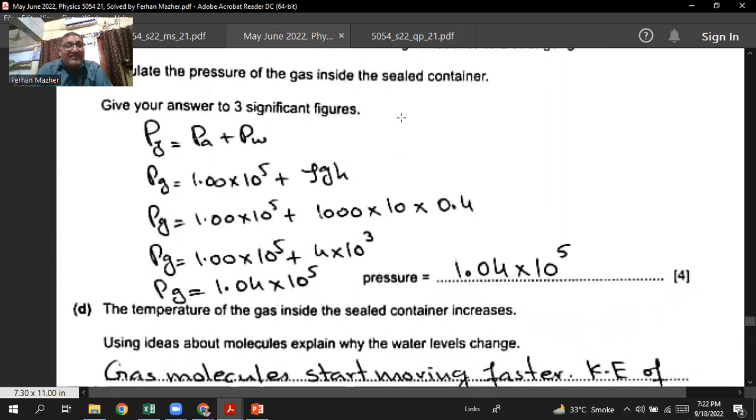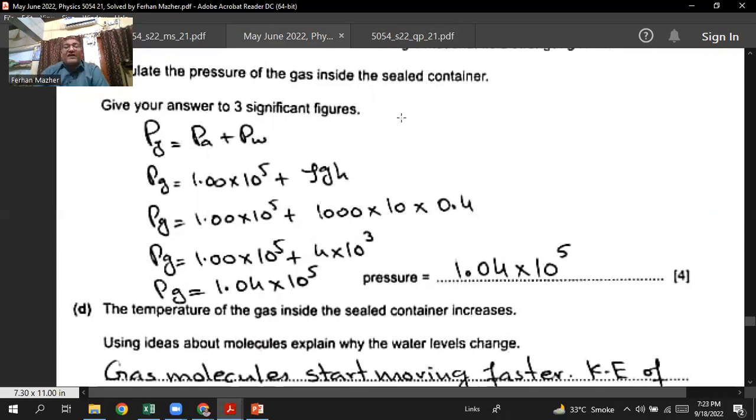Here rho means the density of the water, g means the gravitational field strength, and h means the difference in the level of the water, and that is 40 centimeter. I will convert it into meters. When you convert the 40 centimeter into meters, it will be 0.4 meter. So your final reading will be 1 expo 5 plus 4 expo 3, and that will be 1.04 expo 5 Pascal.